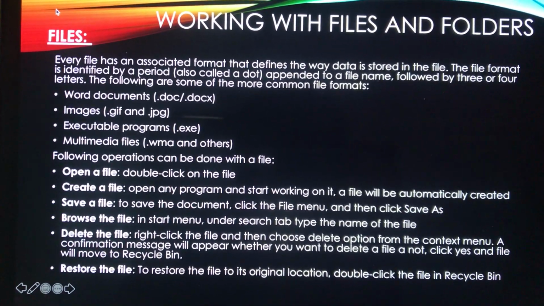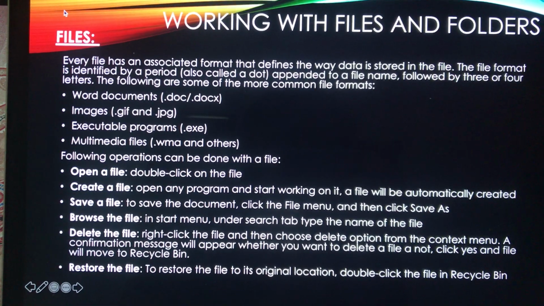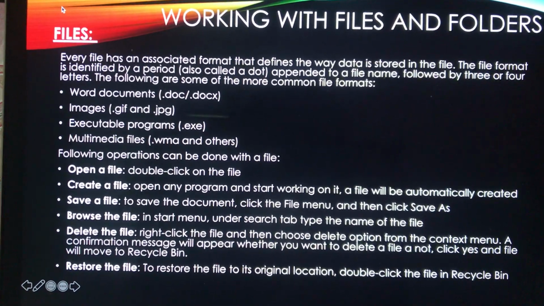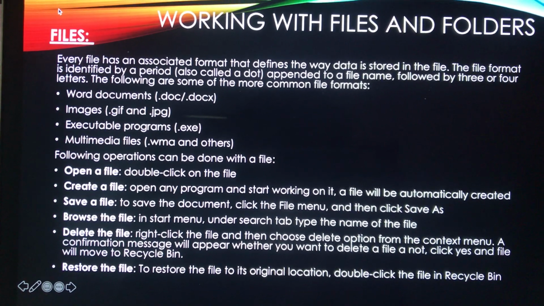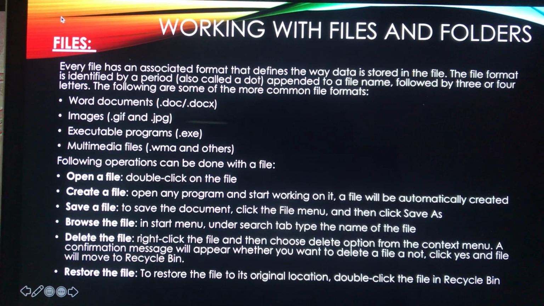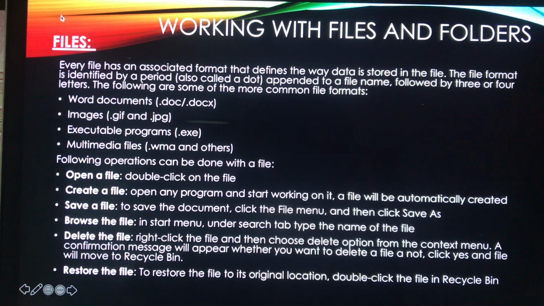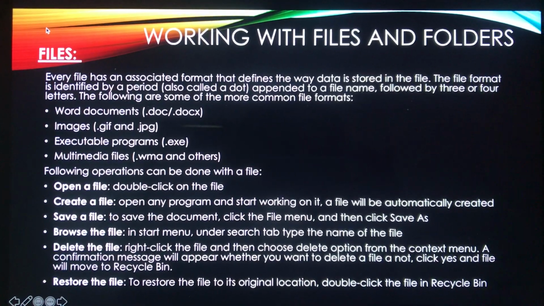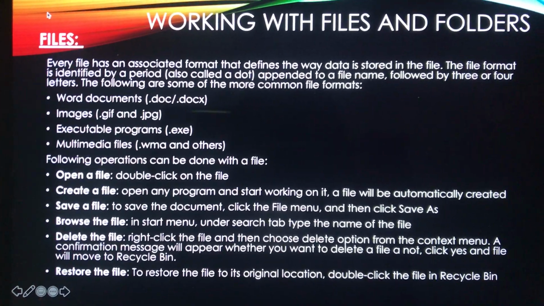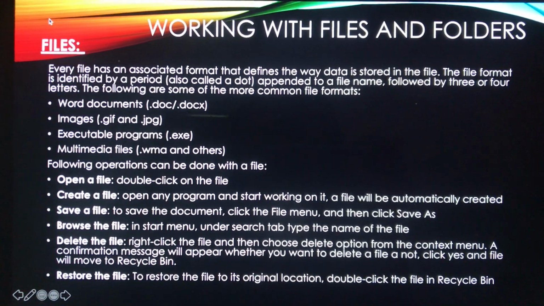But if you are sure, click on yes, and your file will move to the recycle bin. And if you want to restore the file, go to the recycle bin, double click on that file, and that file will come back to its original location. This is how we work on files.